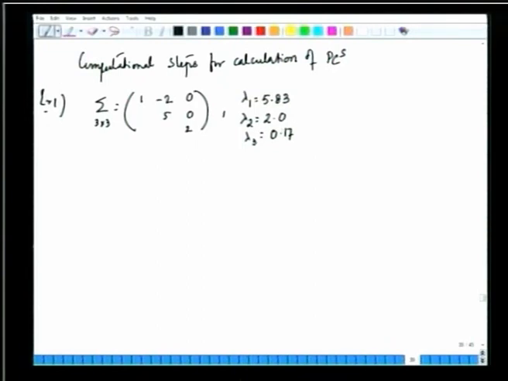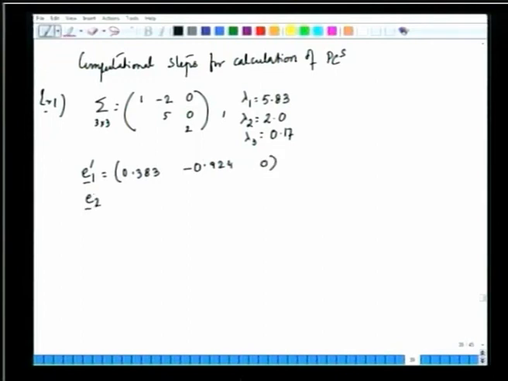I have to calculate the corresponding orthonormal eigenvectors. First I get the eigenvectors and then orthonormalize them. E1, the orthonormal eigenvector corresponding to lambda 1 equal to 5.83, is 0.383, minus 0.924 and 0.